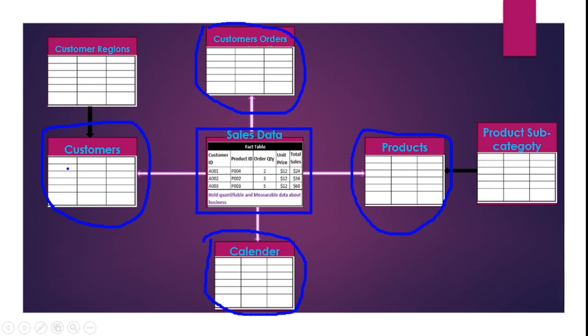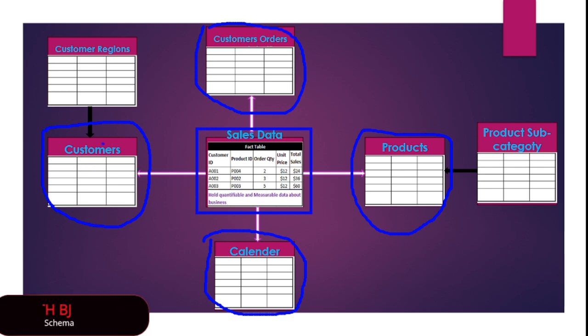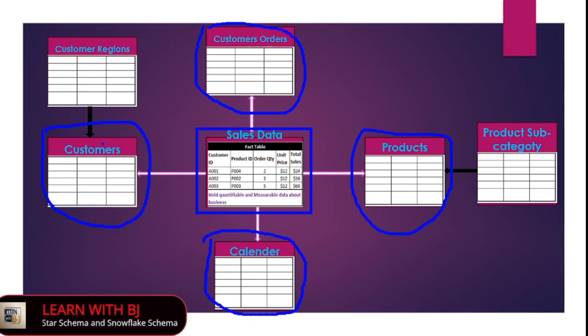The same applies to customers. Instead of having customer regions within the customers table, we are breaking down the customer regions from the customers to form another table for customer regions.